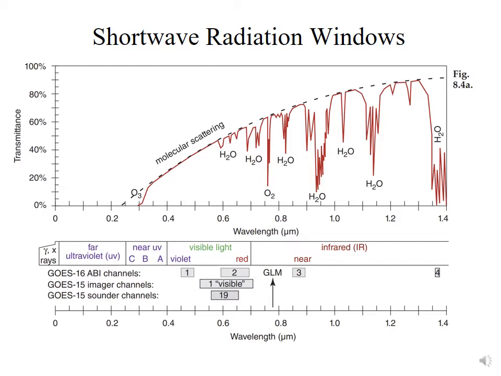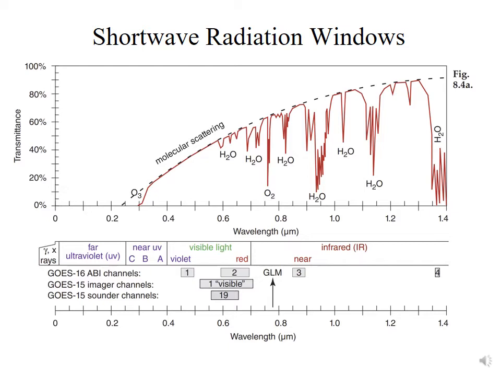The brownish tan line shows what the actual transmittance is through the atmosphere. And in that region of visible light, essentially from 0.4 up to 0.7, the transmittance through the atmosphere is basically the theoretical maximum, with the exception of course of molecular scattering. There is a window where you have the maximum amount of transmittance possible in the visible wavelengths.